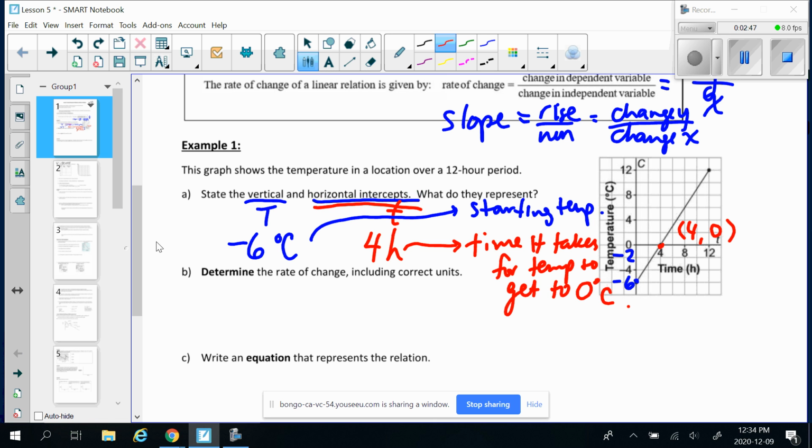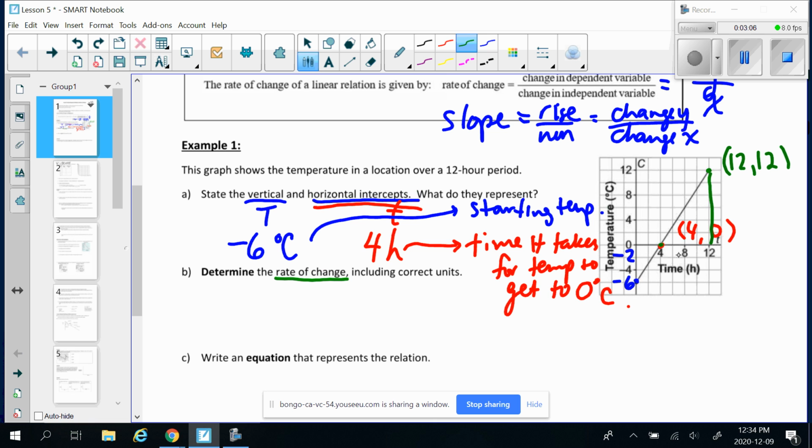So determine the rate of change. The rate of change, as we understand it, is the slope. So we're going to pick a point that's easy to read. Let's say this one, at 12 hours, 12 degrees Celsius. And we're going to pick this one as well because it's pretty easy to read.